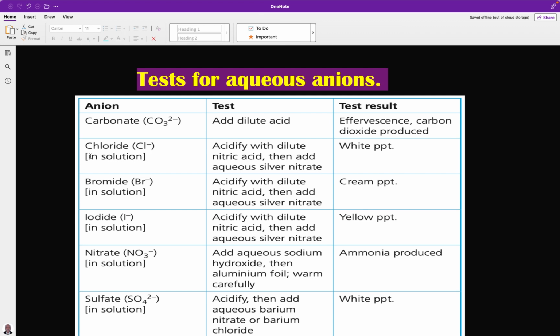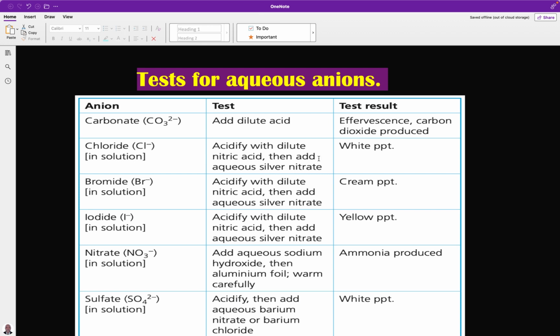So between the halides, the test for chloride ion, the test for bromide ion, and the test for iodide ion, the reagents we use will be dilute nitric acid and aqueous silver nitrate.